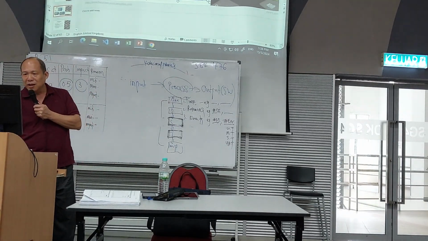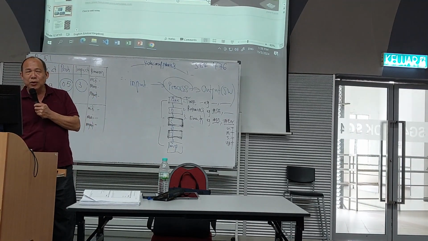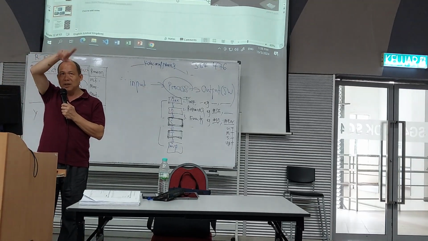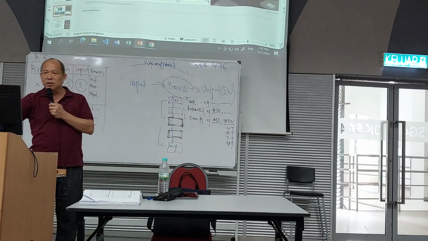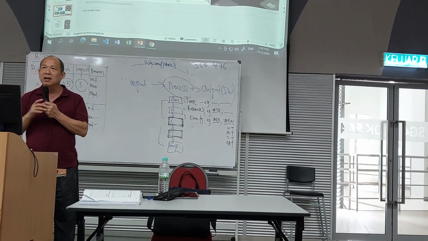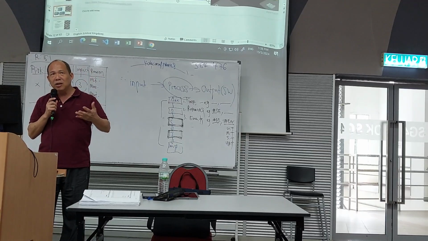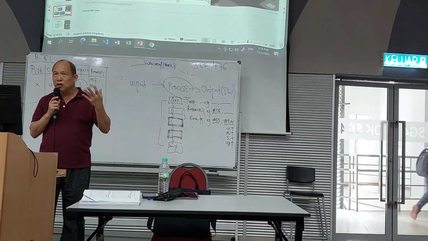That's why you can see these three arrows form a circle. That means you have to do this repeatedly until at the end your software is of high quality.